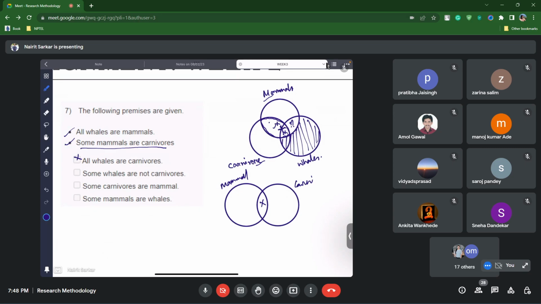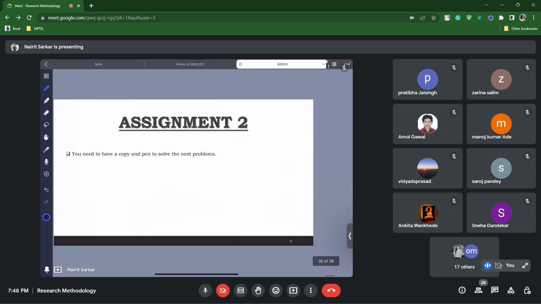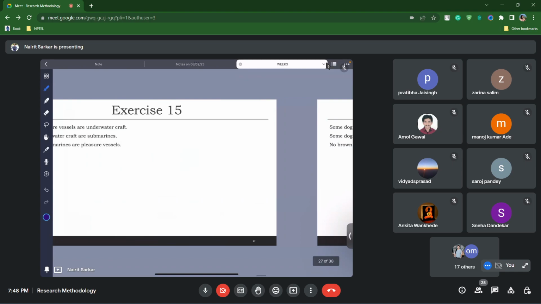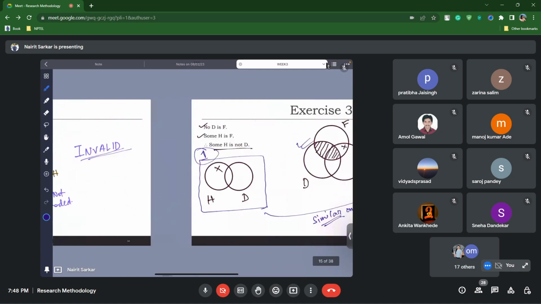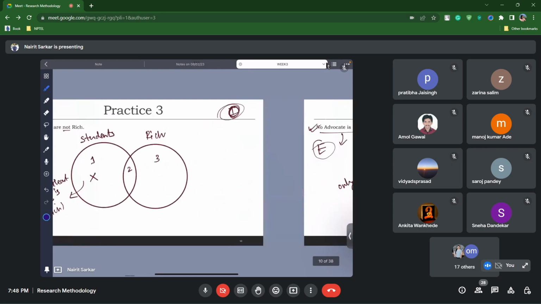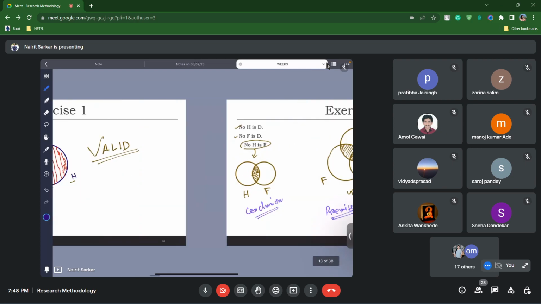Middle means on the line. It is already in the rules. If you see the rules, the last one says: if none of the two areas are shaded, put the X on the line between the two areas.